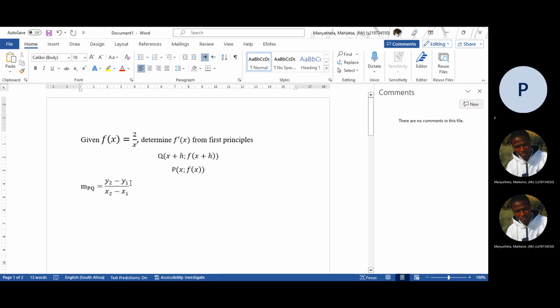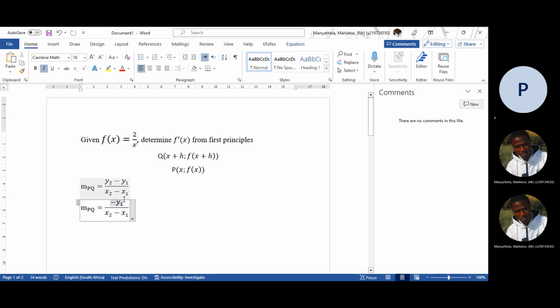So I will take this formula and copy it, then replace by what we have. I will call Q the point with my 2's, and then P will be my 1's.